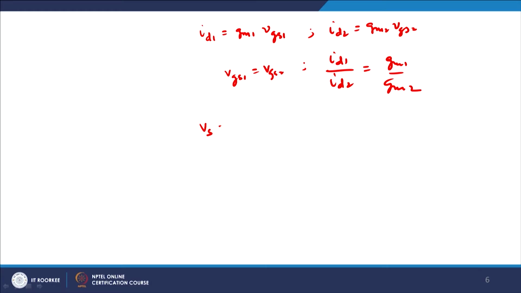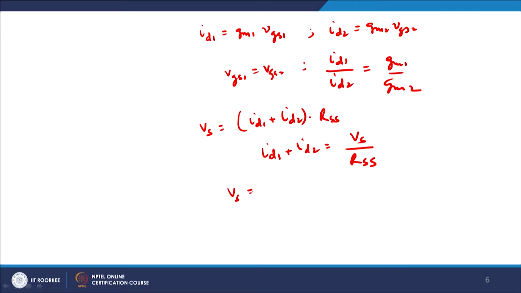Therefore I get Vs, across the source resistance, to be equal to ID1 plus ID2 multiplied by RSS, and therefore ID1 plus ID2 is equal to Vs by RSS.